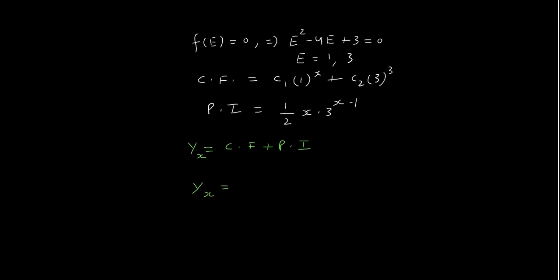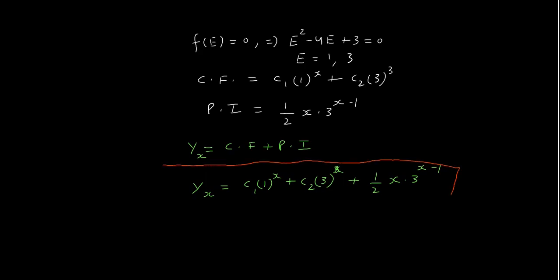So this becomes C1 1 to the power x plus C2 3 to the power x plus 1 upon 2 x into 3 to the power x minus 1. We enclose this; this is the solution of the given difference equation.